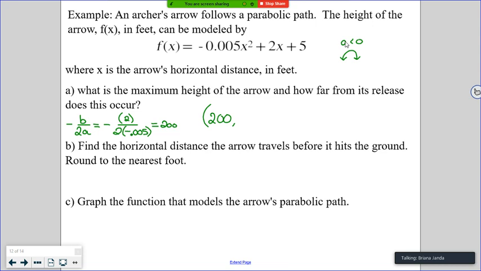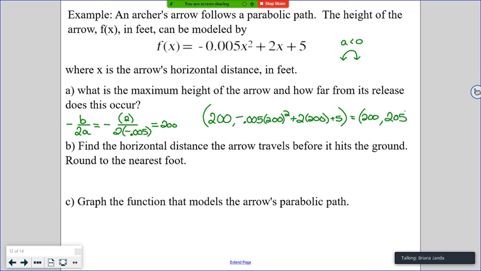Plug it in to find our y value. And somebody let me know when they got that typed in. It's 205. Okay.